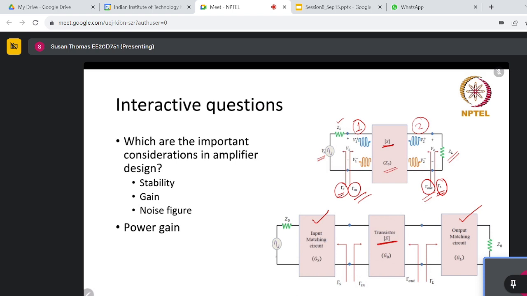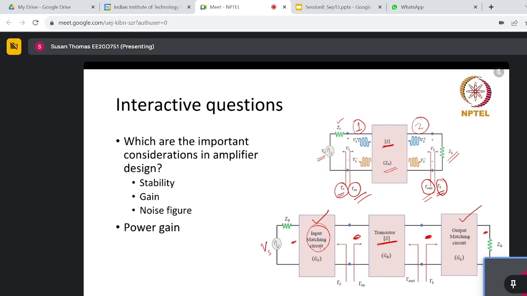This matching network is going to match the impedance of this side to the source side. Similarly, from the output transistor side to the load side. So that is the purpose of these matching networks at output and input.